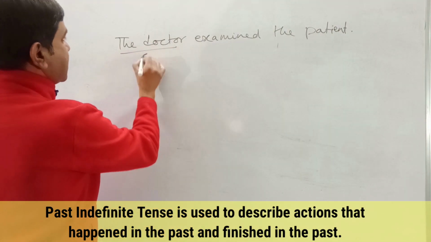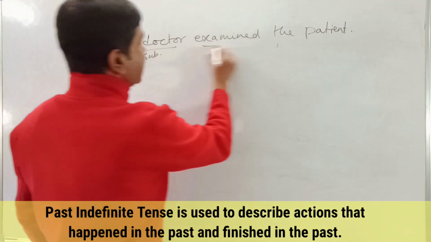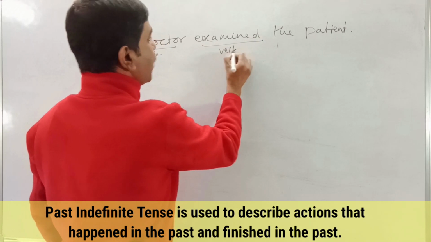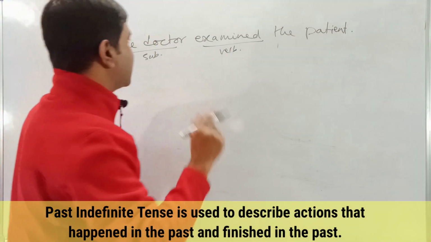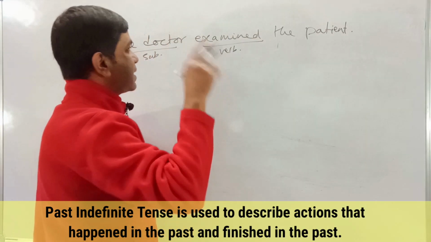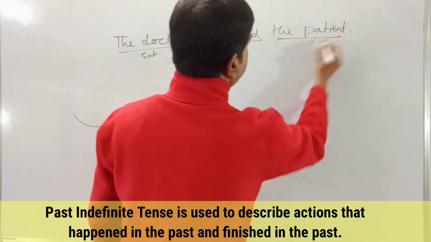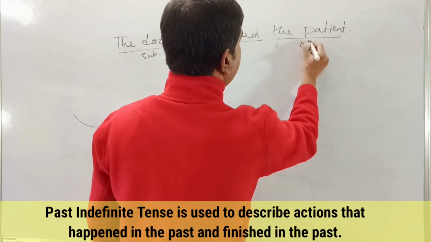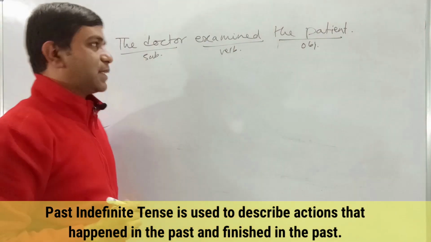The doctor is the subject, examined is the verb. There is only one verb. That is the reason why it is indefinite, and it is in past tense, so past indefinite tense. And the patient is the object of the sentence.